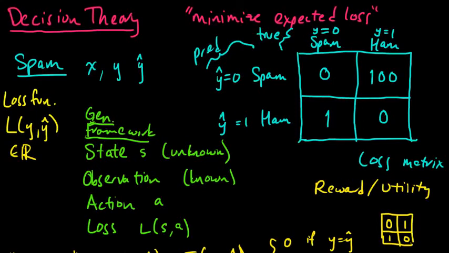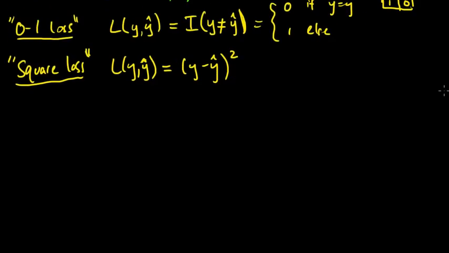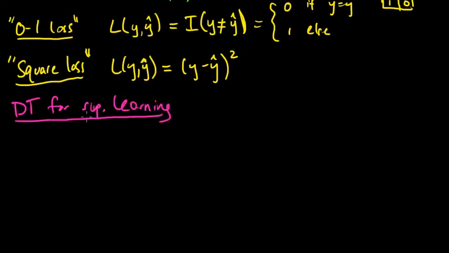Now let's start to think about decision theory in the context of supervised learning in particular. So, decision theory for supervised learning. In supervised learning, we've got some data, right?